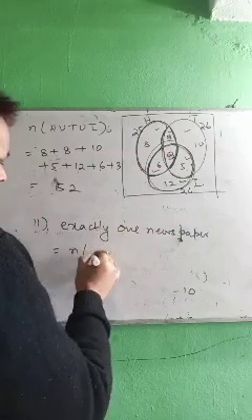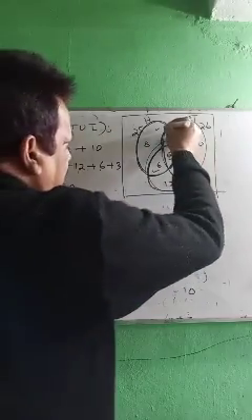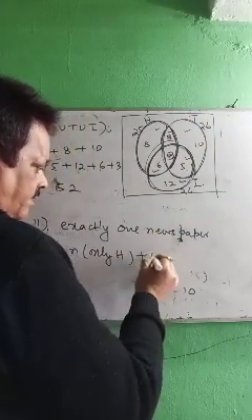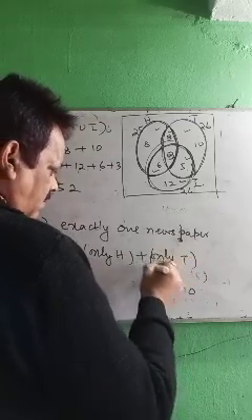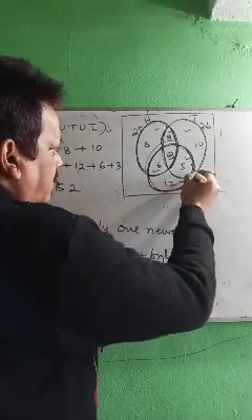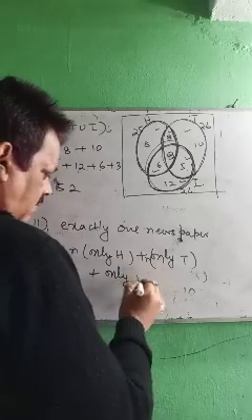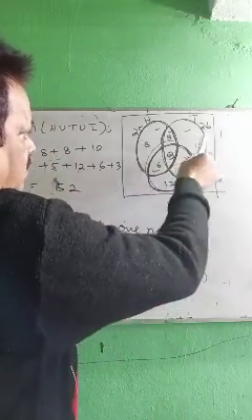That means only H. This is also exactly one newspaper, only T. Then plus exactly one newspaper, only I. So it became 8 plus 10 plus 12.